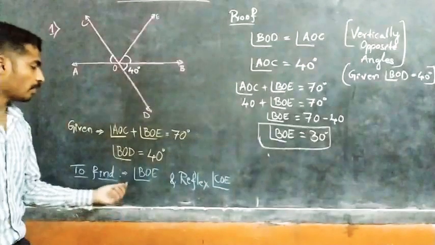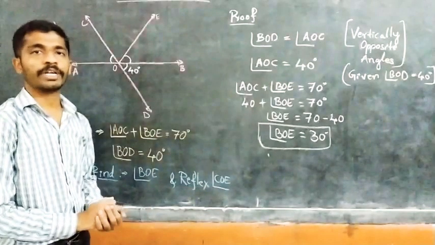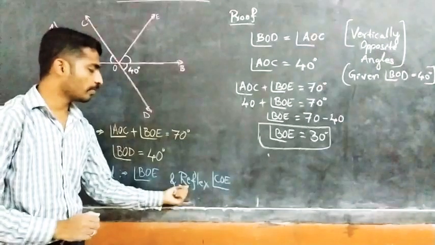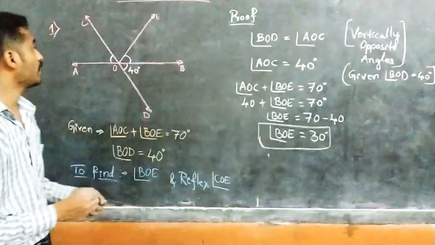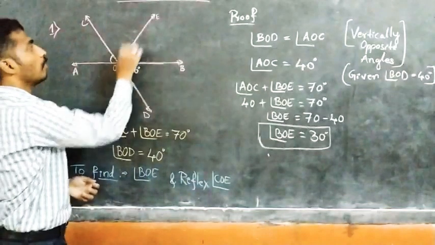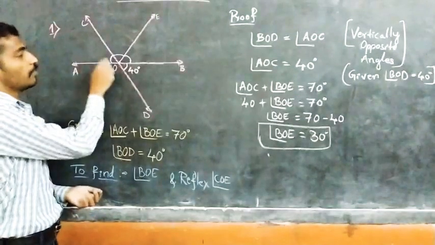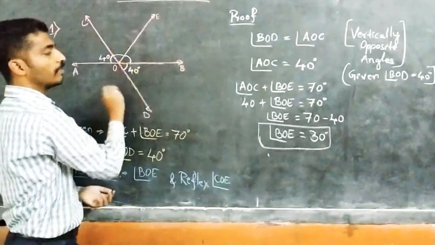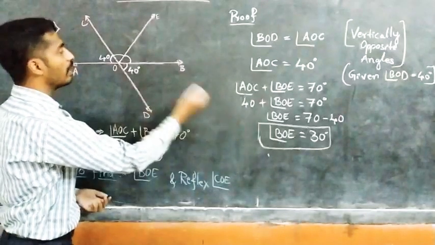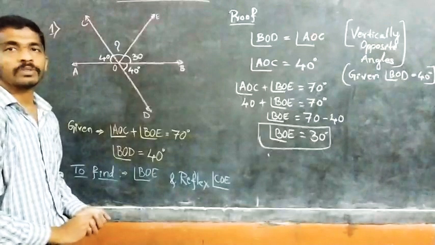Okay. Next, what we have to write? Reflex of COE. Before going to find reflex, first we find the COE. Where is COE? Here. So AOC we got, that is 40 degree, and BOE you got 30 degree. Then how to find this?